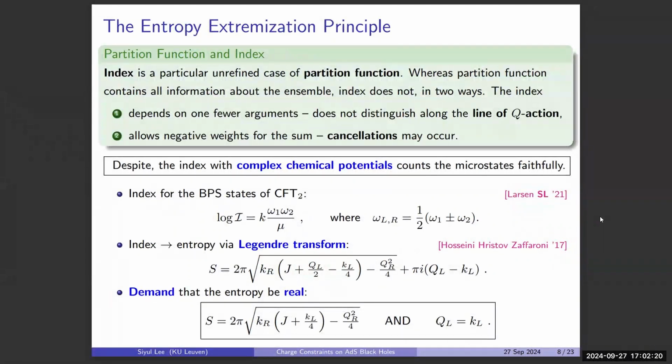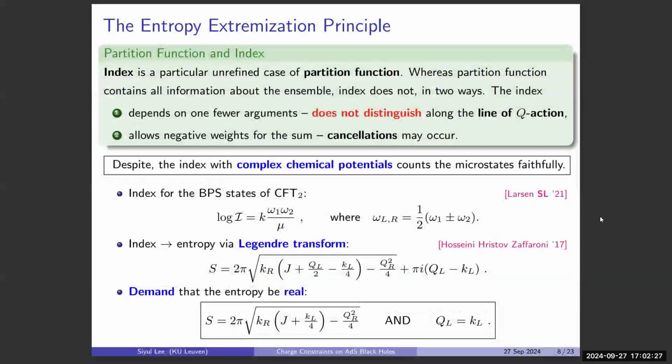So this looks great, and it looks like the end of my talk, but it isn't, because it was calculated from the index, and the index intrinsically does not distinguish along the red diagonal straight line that you saw before. The index doesn't have any information about where the state is along the red line.